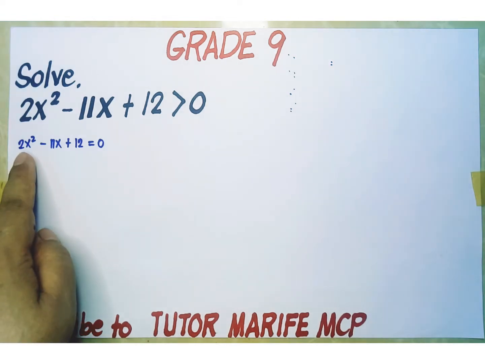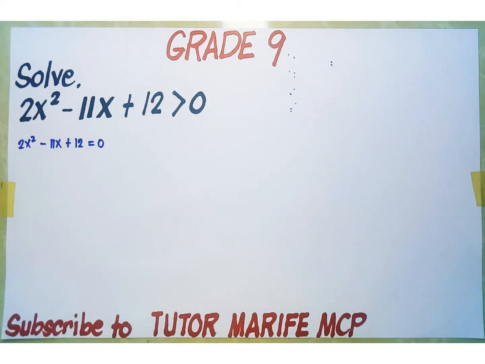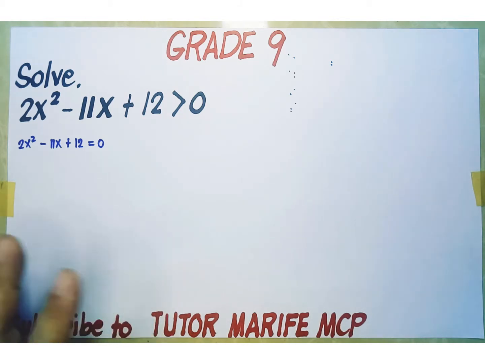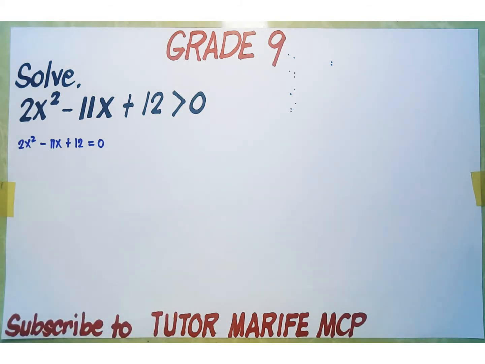So, we go back to the method of solving a quadratic equation. We have four methods. We have the square root method, factoring method, completing the square method, and using the quadratic formula method. Okay, so you can choose any of those four methods in solving for the boundary points of our inequality.